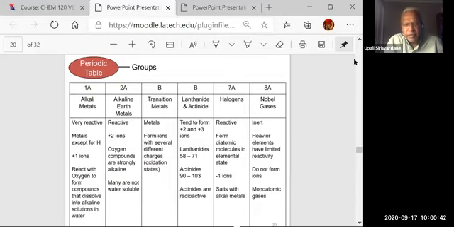They show different charges, different variable oxidation states. They are metals nevertheless. These group B elements are mainly rare earths. Most of them are rare, so they are useful in catalysts and a lot of applications. Group 7A or group 17 is called halogens. They are reactive. And group 8A is called noble gases.